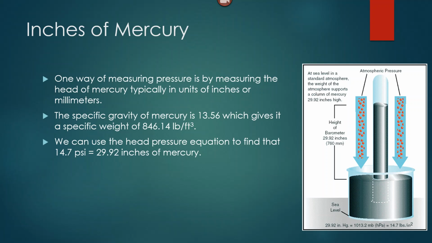But another way of measuring pressure is to measure the height of mercury. Now, the interesting thing is this is the way pressure used to be measured. We don't use that anymore, but if we look at here, this is something.